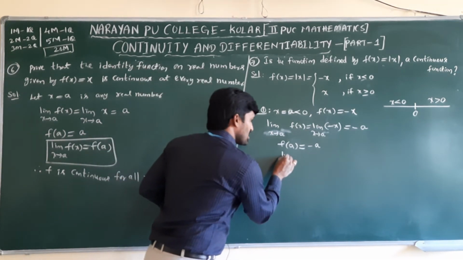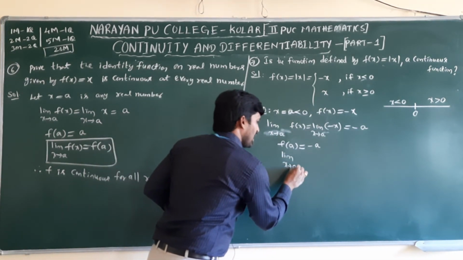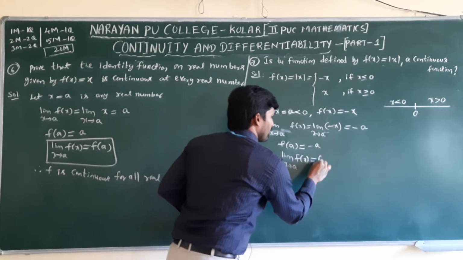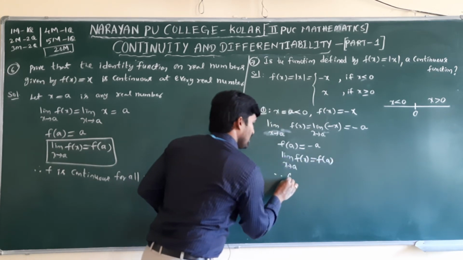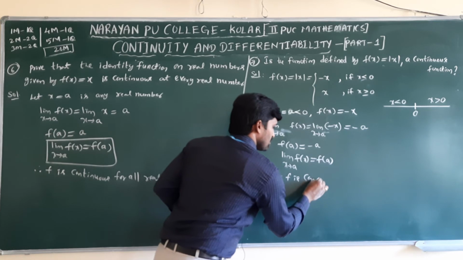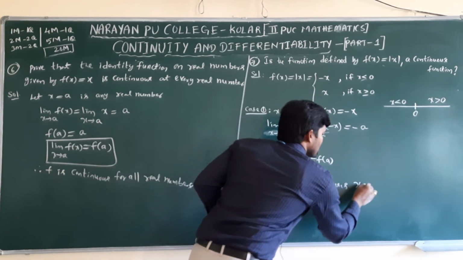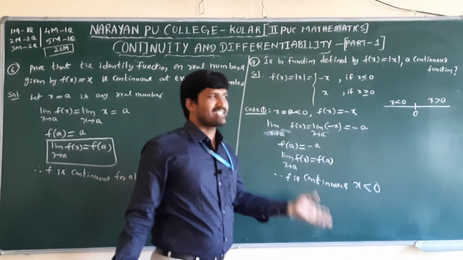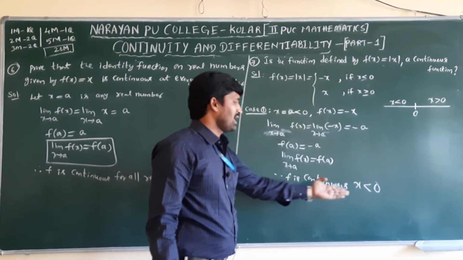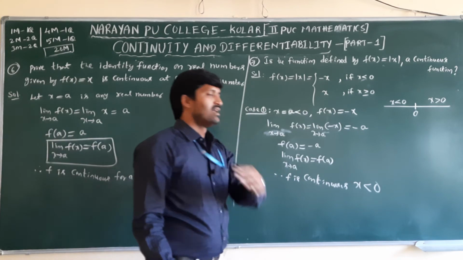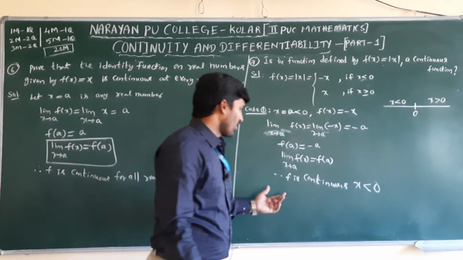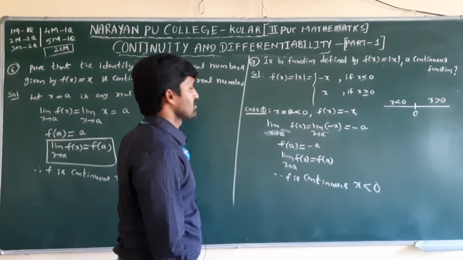That is equal. That's why limit x tends to a of f of x is equal to f of a. Therefore, f is continuous for all values less than 0. x means a only, and that a is less than 0, for that it is satisfied. So for all x less than 0, it is continuous.